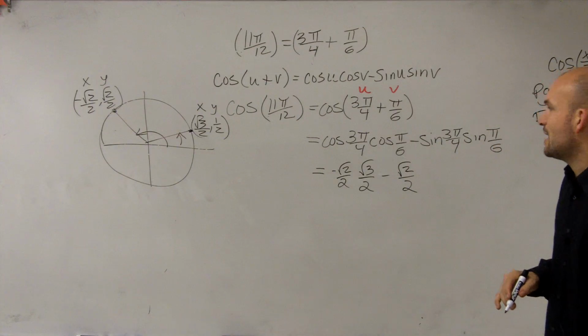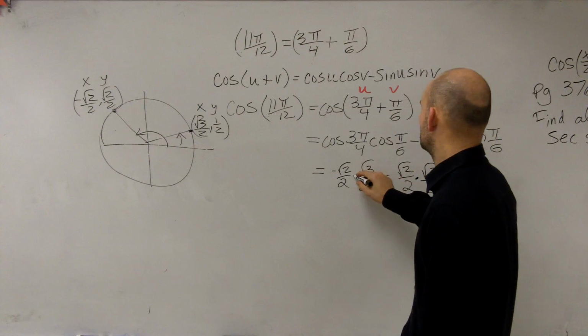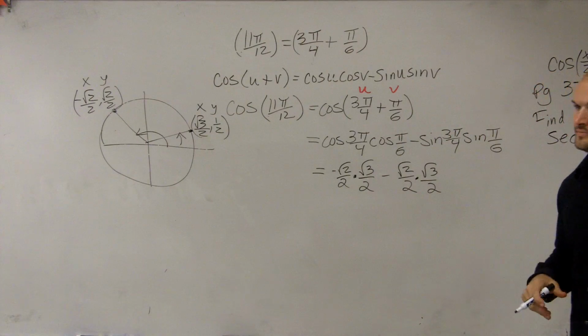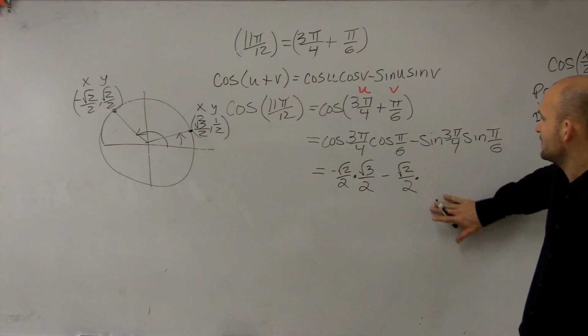And the sine of pi over 6 is 1/2. Got it? Kind of? Where did the 1/2 go? This is 1/2. Thank you.